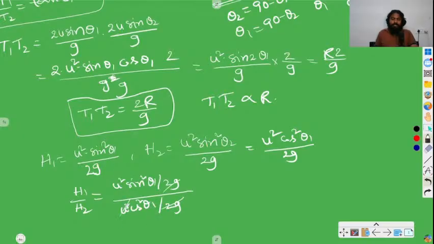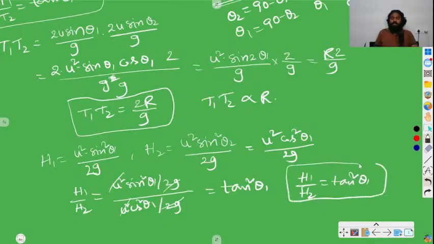The u square and 2g cancel, then you will get tan square theta 1, either theta 1 or theta 2, no problem. So this is one of the important equations: h1 by h2 is equal to tan square theta 1, very very important. On this also they have asked questions.